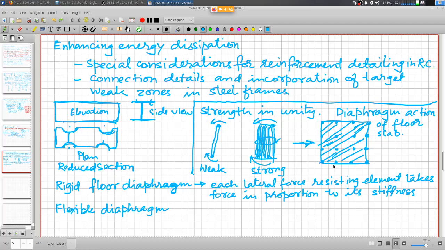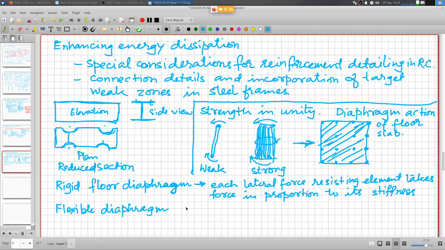So the bulk of the work, the heavy lifting, is done by the shear wall elements, and a very small portion is resisted by the moment resistant frame in the system.